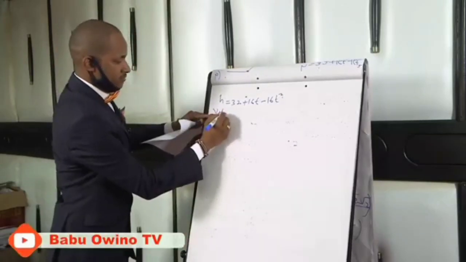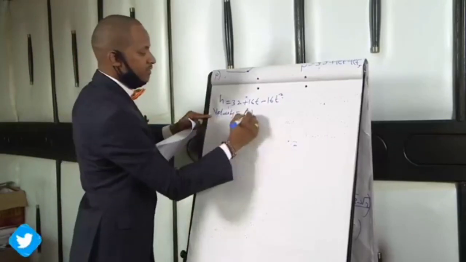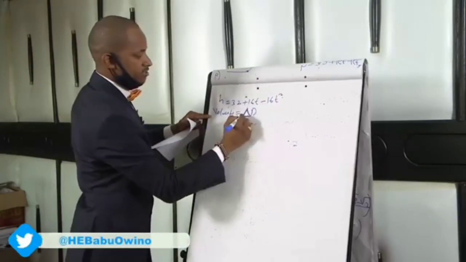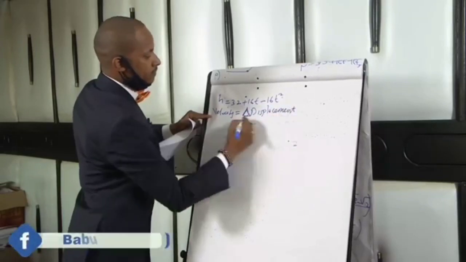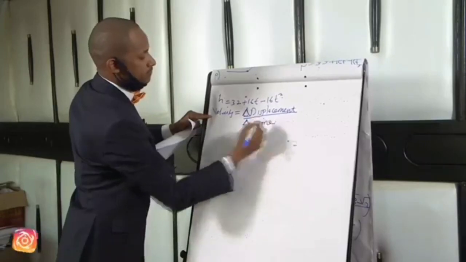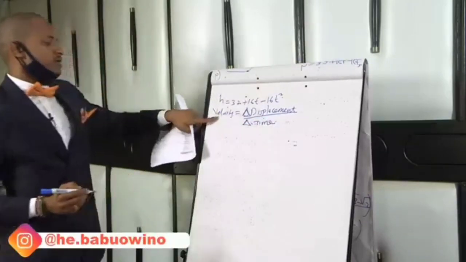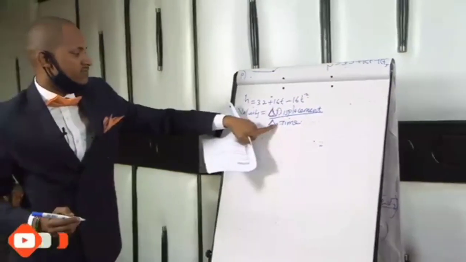Velocity is given by change in displacement divided by change in time.